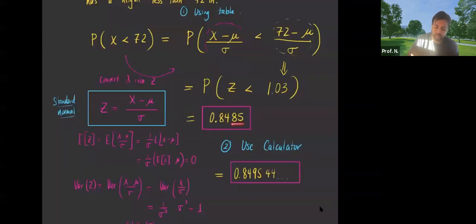Okay. So these aren't necessarily quite the same, but it's in the same ballpark. With the calculator, I don't have to consider this idea of making it into a normal random variable, but using the table, I do. Using the table, I do have to think about the standard normal and how I get there.